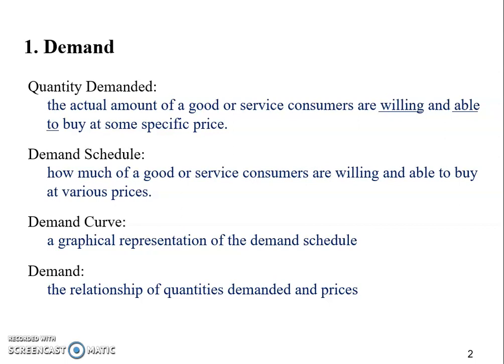Quantity demanded is a number. You give me a price, I give you a quantity demanded. For example, when the price of a basketball game ticket is $20, the quantity demanded would be 2,000. You name a price, I give you the corresponding quantity.